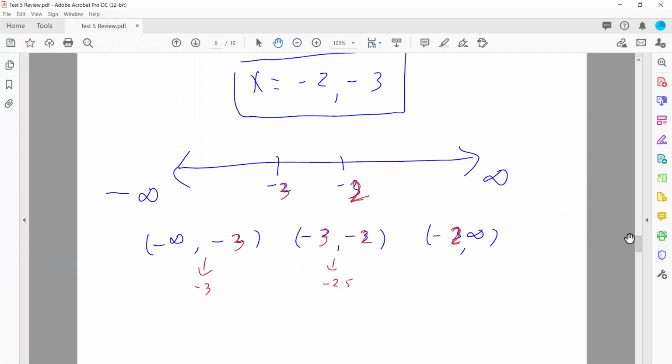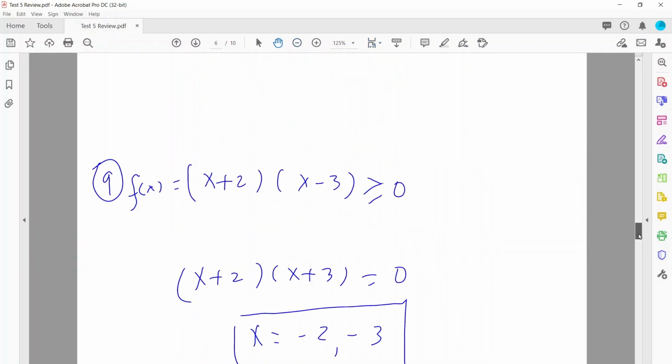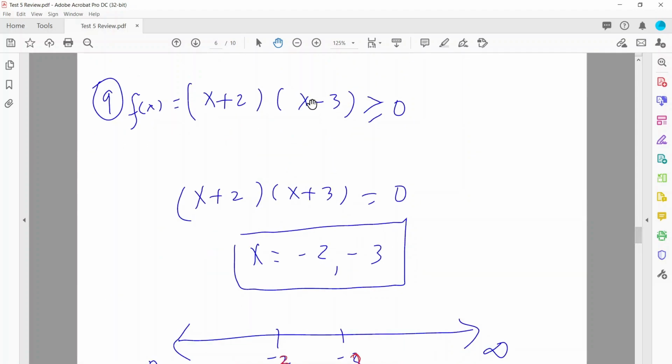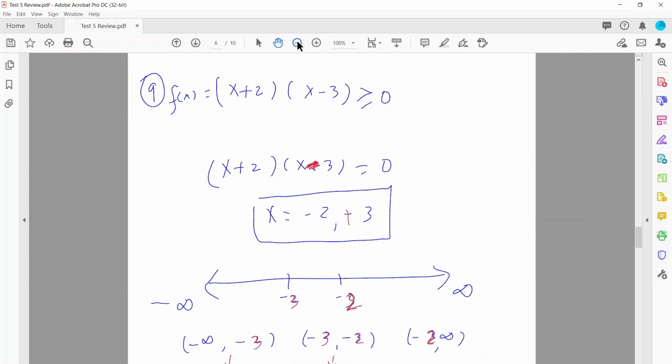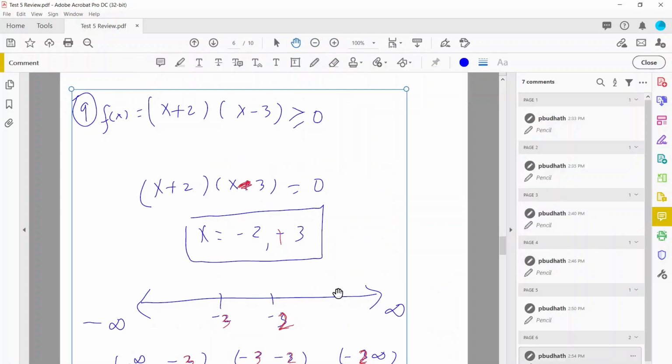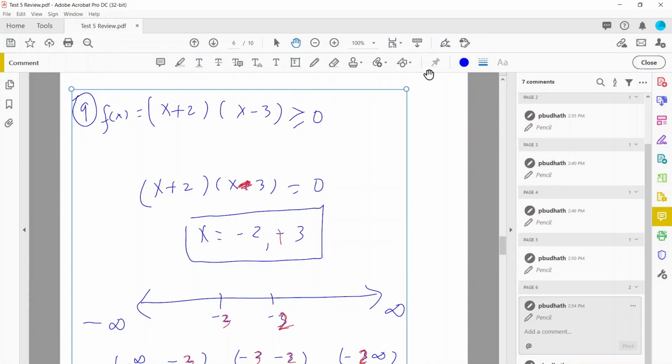Okay, my bad. Oh, I missed something here. It's x minus 3, so that should be positive 3. Again, my bad. So let me correct that information here. I'm going to erase that.